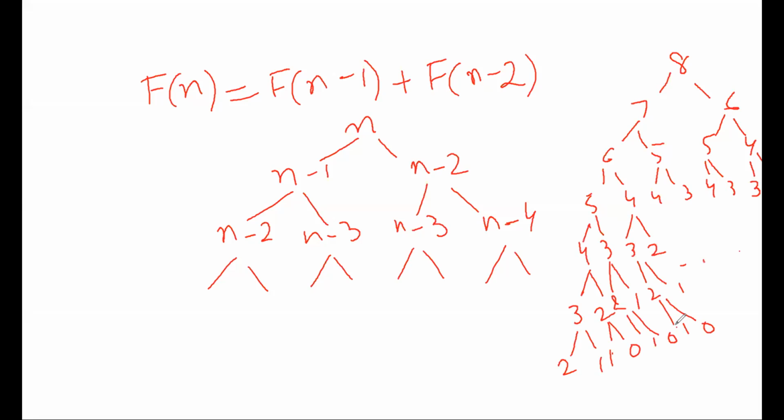So what I want to show you here is that your tree either finishes at the second last level, because you always have this n minus 2 and n minus 1, and the rest will always be at most 3, because if you give the initial condition f0 is 0, f1 is 1, and f2 is also 1.